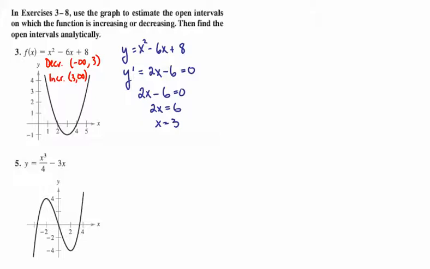Since that's the only place where the derivative is going to be 0, then we know to the left of that it's got to be all positive or all negative, because this is a continuous and differentiable function, the derivatives exist everywhere, and there's only one place where the derivative is 0, at 3.